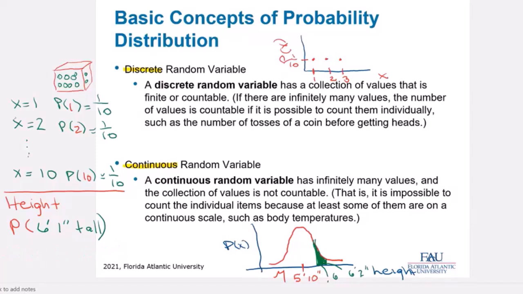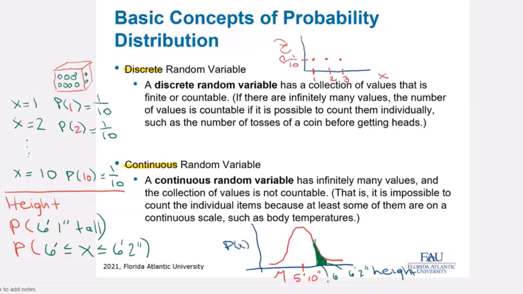I'm still going to say between 6 foot and 6'2", but I would write it as the probability that 6 foot is less than or equal to X, which is less than or equal to 6 feet 2 inches. So that still is between 6 feet and 6'2" and includes both sides. It includes people who are exactly 6 feet tall and exactly 6 feet 2 inches tall.